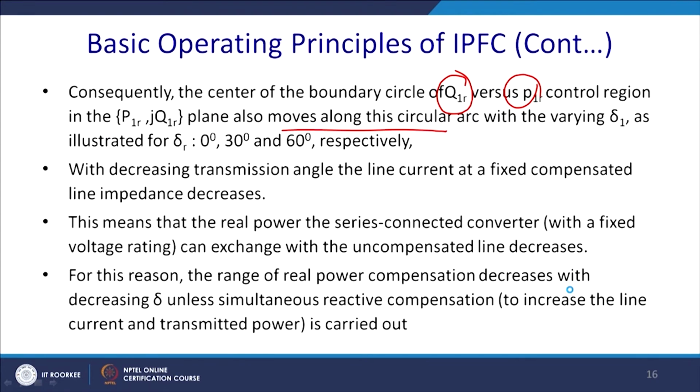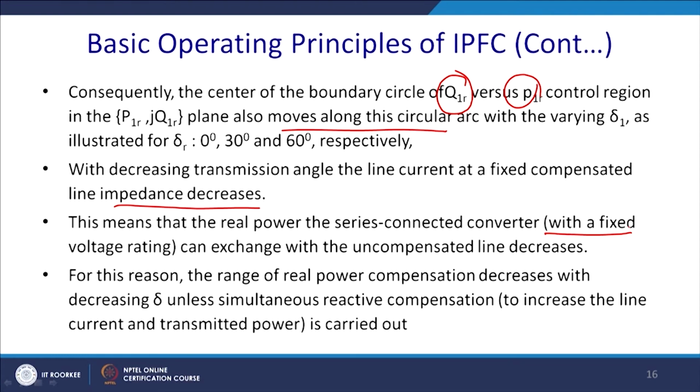With decreasing transmission line angle, the line current at a fixed compensated line impedance decreases. So, the length of that line becomes less. This means that the real power that the series connected converter with a fixed voltage rating can exchange with the uncompensated line decreases.